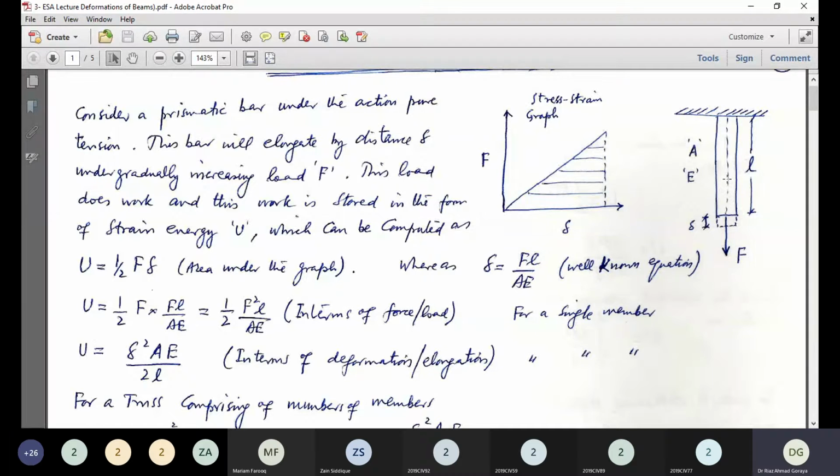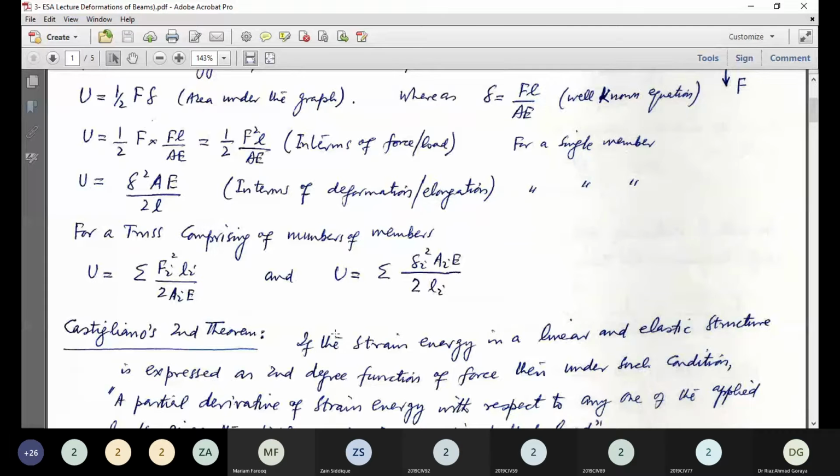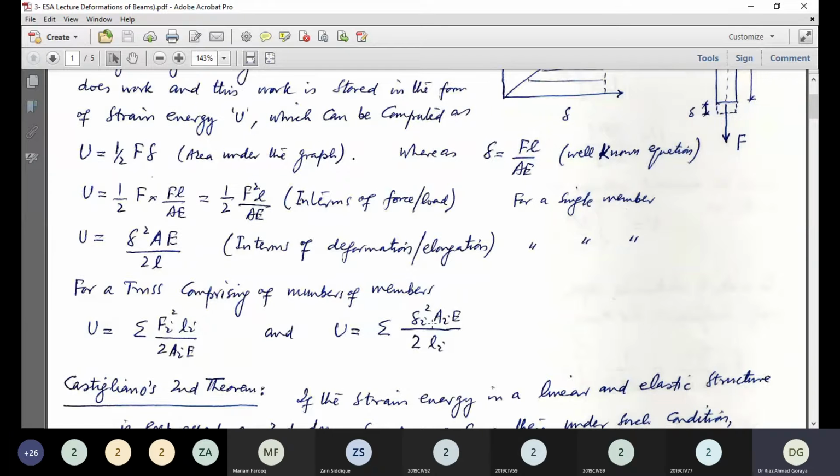Now in case of a truss where we have a number of bars, multiple bars, truss members, for a truss comprising a number of bars, we just do the summation: sigma Fi square Li over 2 Ai into E. This is in terms of force, and in terms of deformation, that is sigma delta i square Ai into E over 2 Li. So the first will be in case of a single bar, and this will be in case of a truss member.